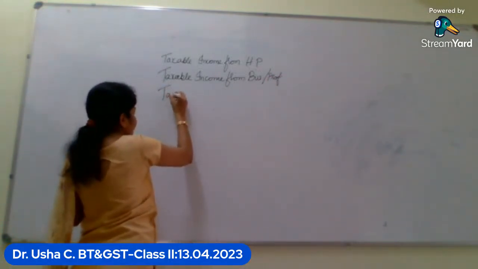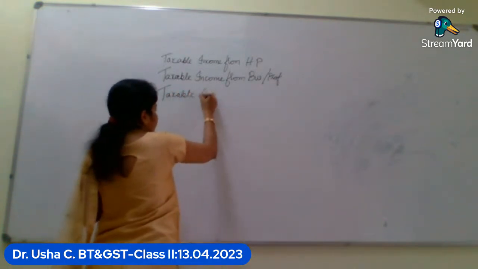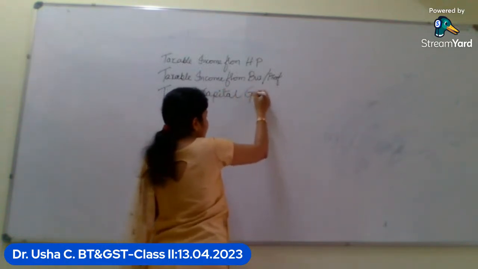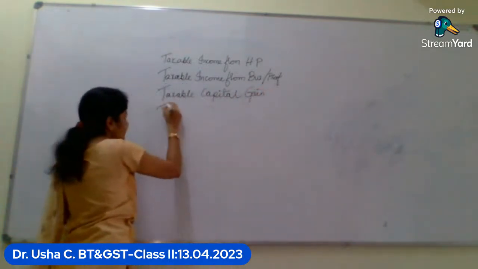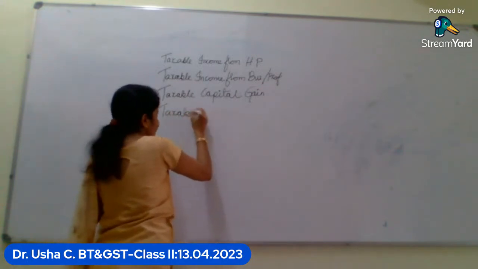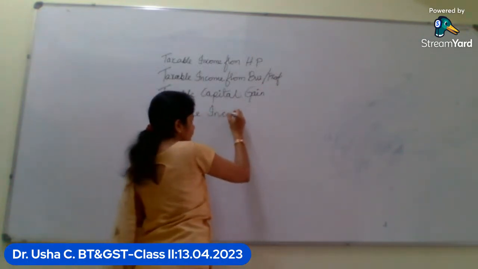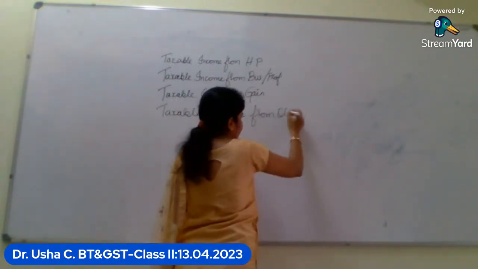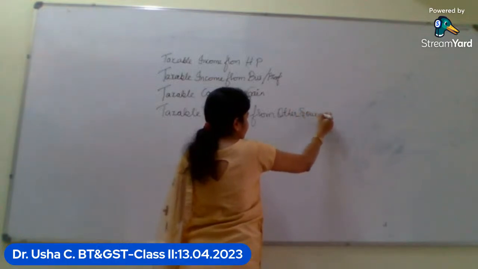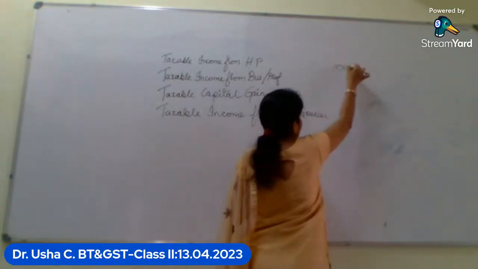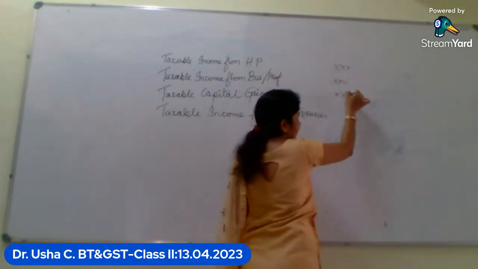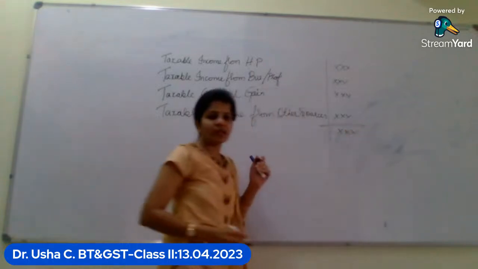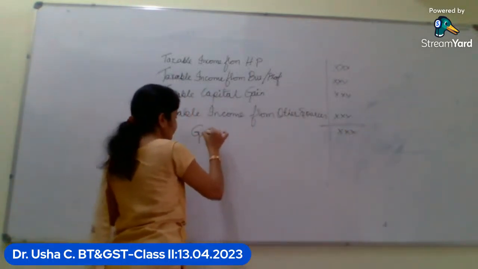Next, taxable capital gain. Then taxable income from other sources. So put together, the total of these 4 heads of income is called gross total income.